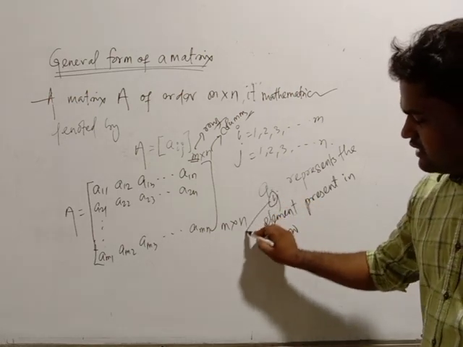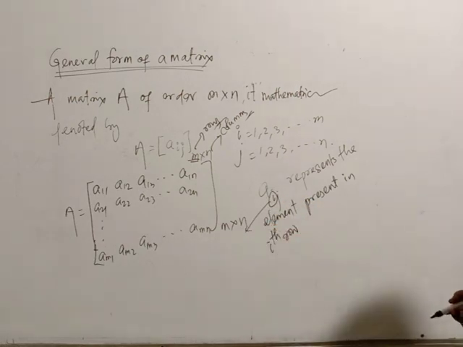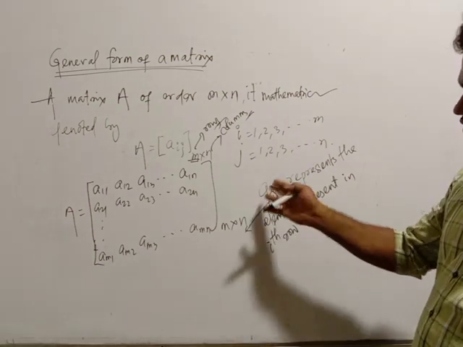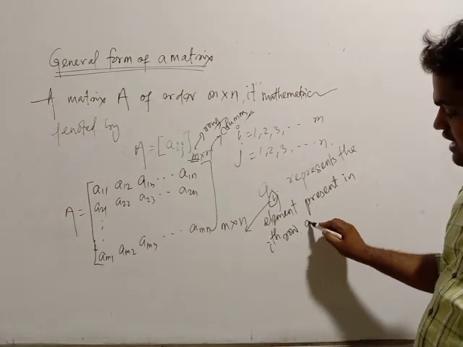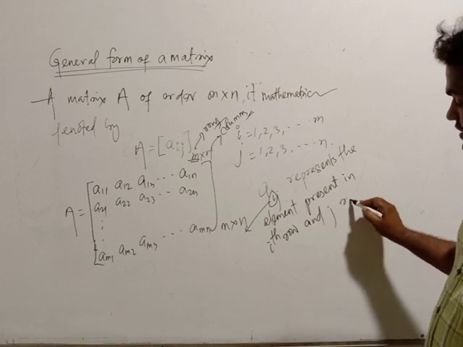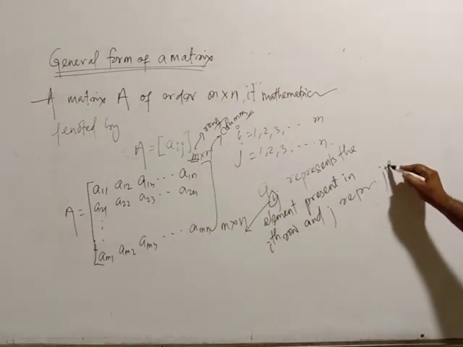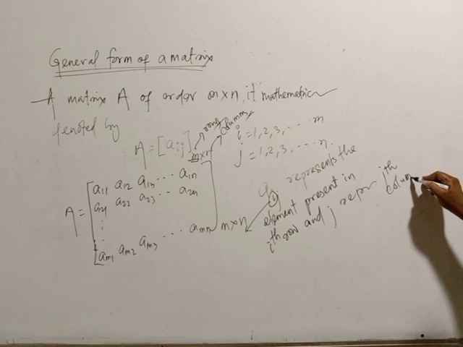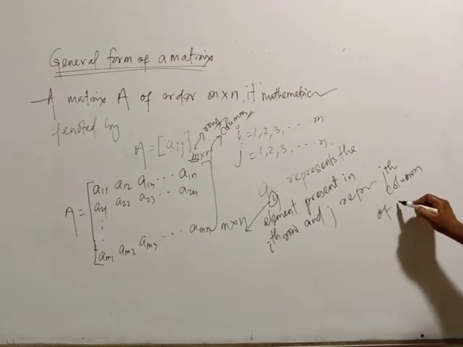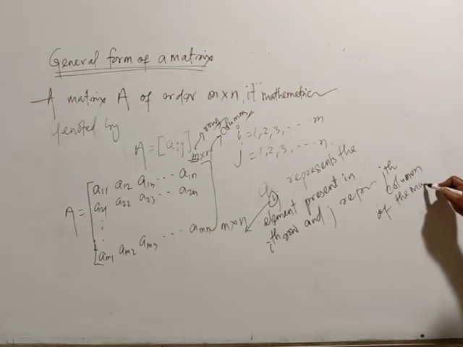Look at here, this i represents the number of the row in which the element is, the ith row, and j represents the jth column of the matrix.